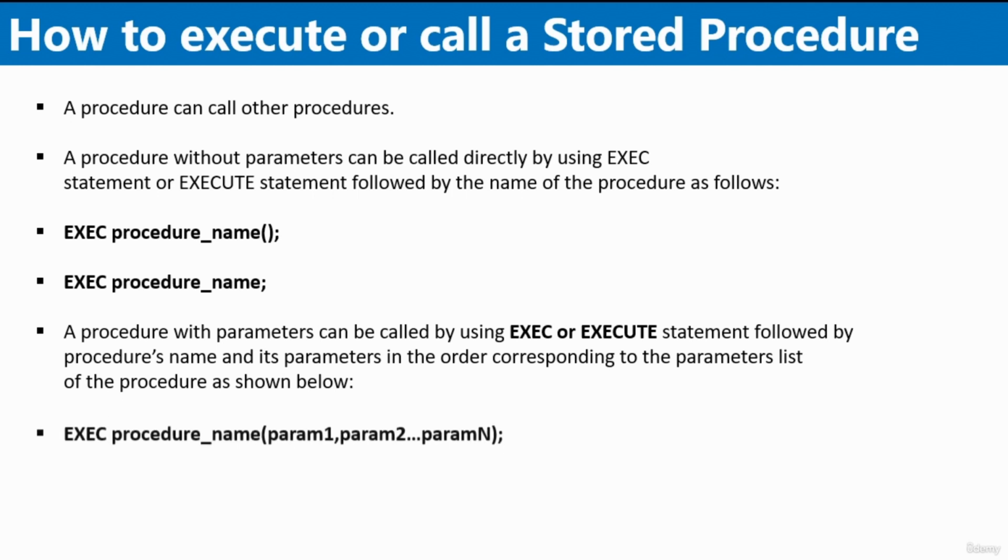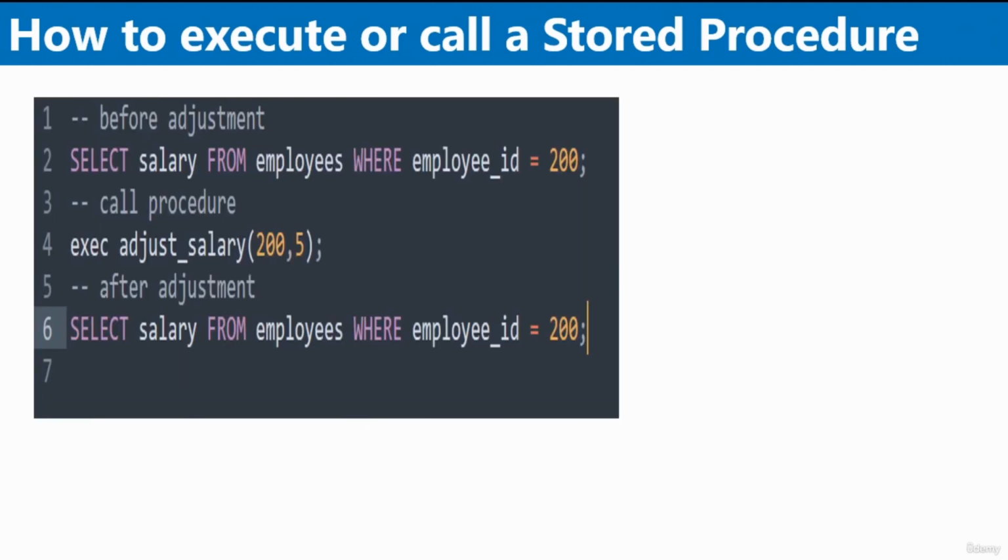To execute or call the stored procedure that we created previously, before any adjustment is made, we query the salary column from the employees table where the employee_id is equal to 200.